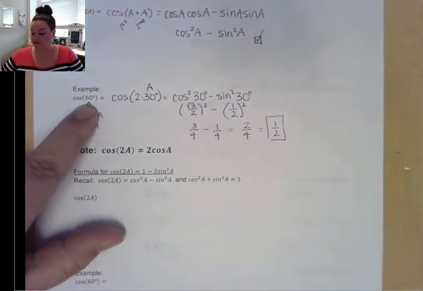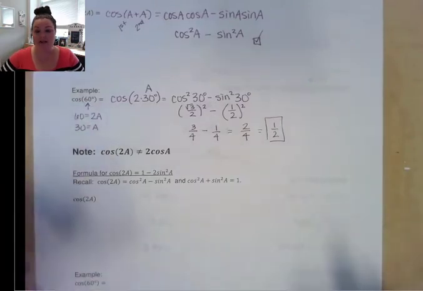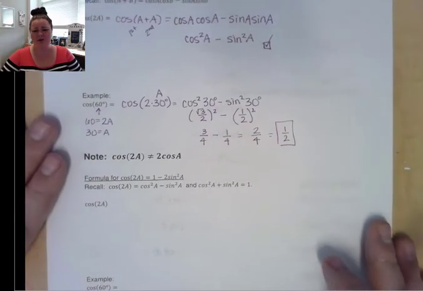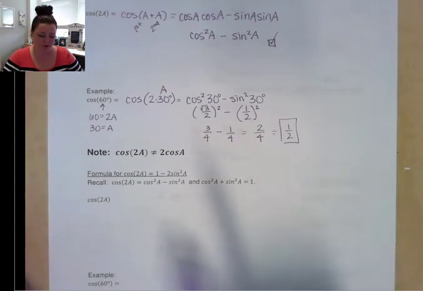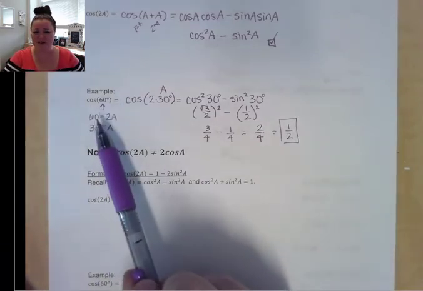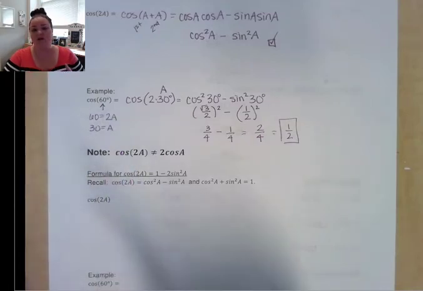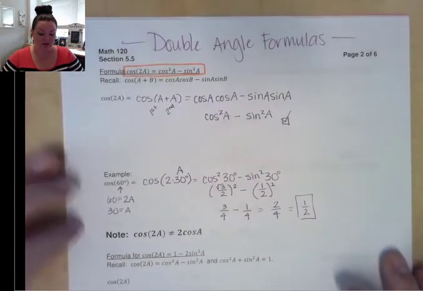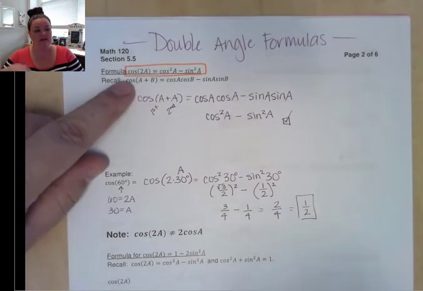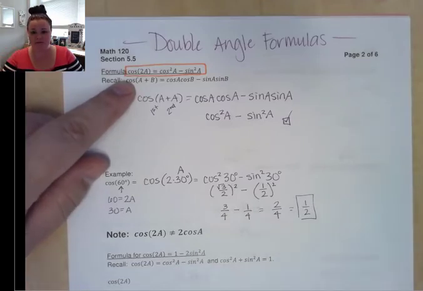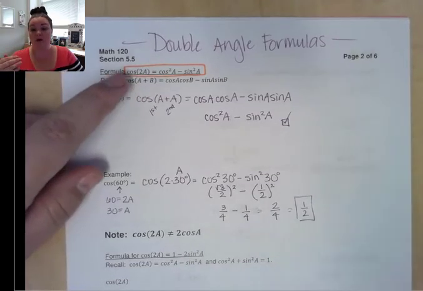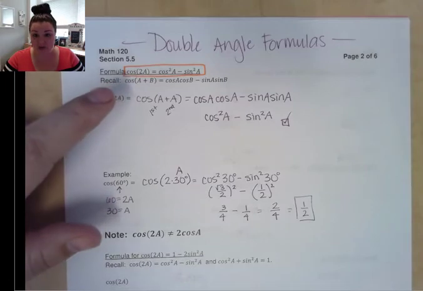So this gives us a new way of finding angle values. Now, this may seem insignificant, like why would we want to rewrite 60 degrees as 2 times 30 when we could just look up 60? The reason we have these double angle formulas is we're going to need them when we go into creating half angle formulas.